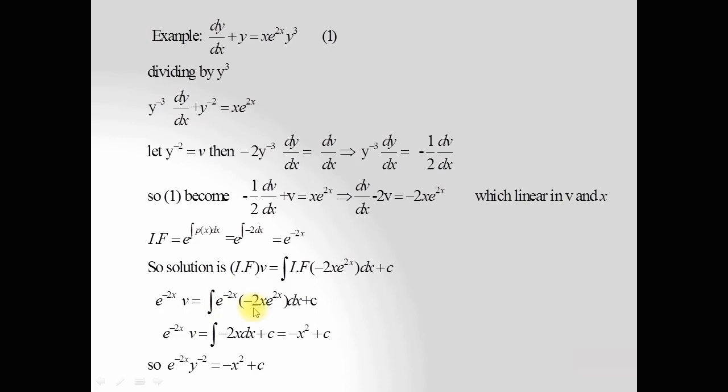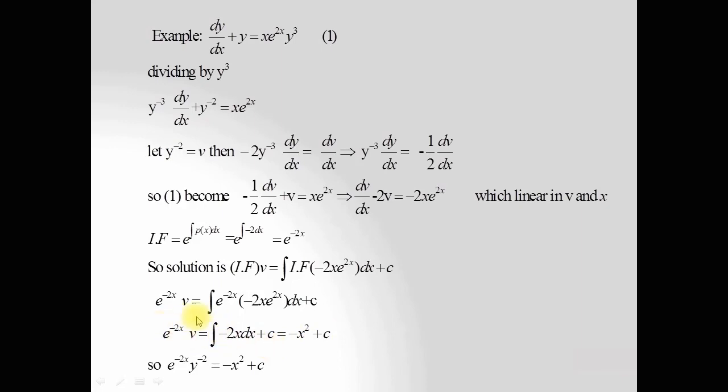So integrating factor times q: e power minus 2x and e power 2x, since the base is the same, adding the powers, minus 2x plus 2x is 0, e power 0 is equal to 1. So we have the integration of minus 2x dx, and the integration of x is x square divided by 2. So the 2s cancel, and we have minus x square plus c.